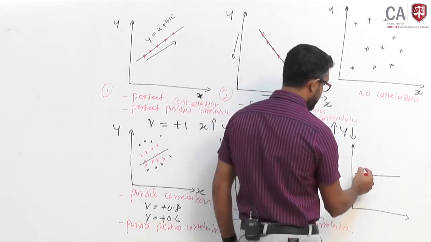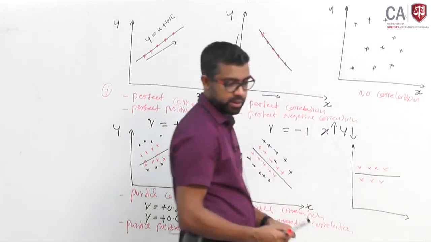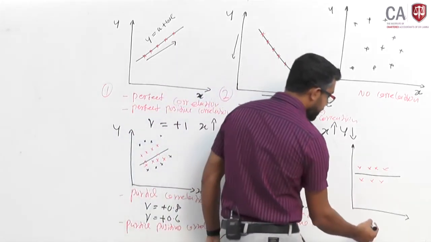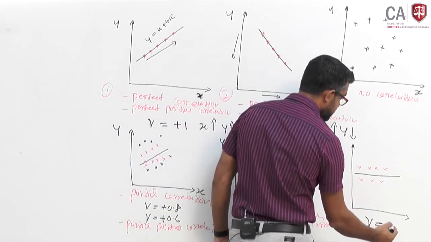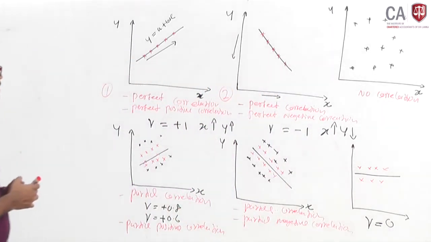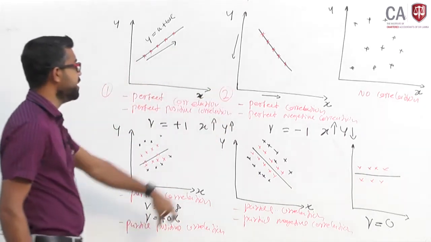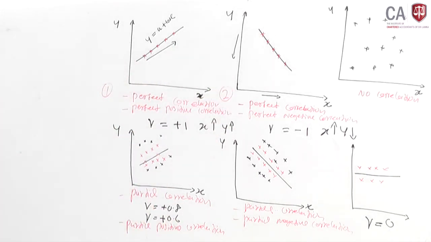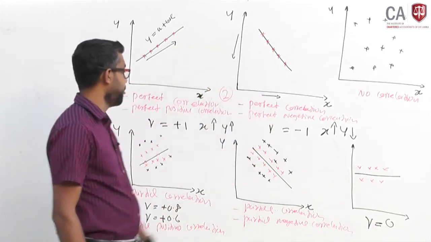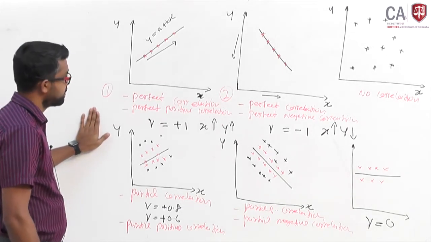If the regression line is like this, r = 0, the correlation becomes 0. So this is the behavior of variables. Based on the behaviors of x and y, you can establish these correlation coefficients.